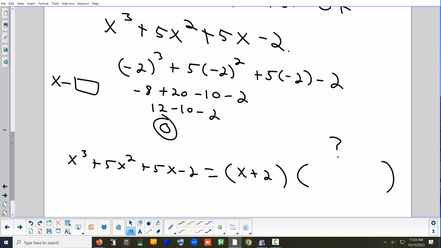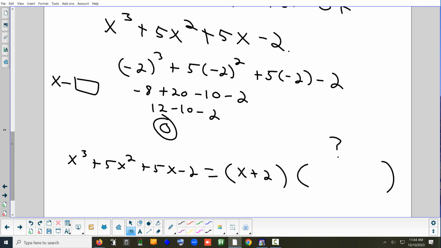Divide the other side by x plus 2, and you could solve for the question mark. This is like me saying 12, 3 is a factor. How do you get the other one? Divide by 3, and you get 4.